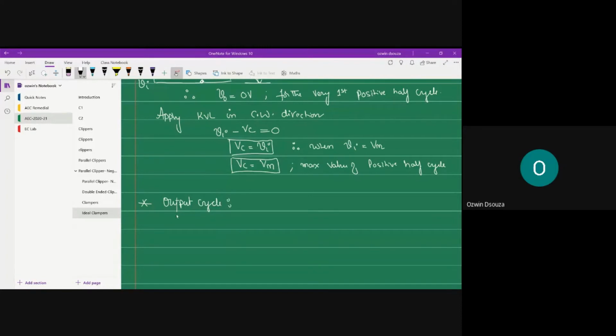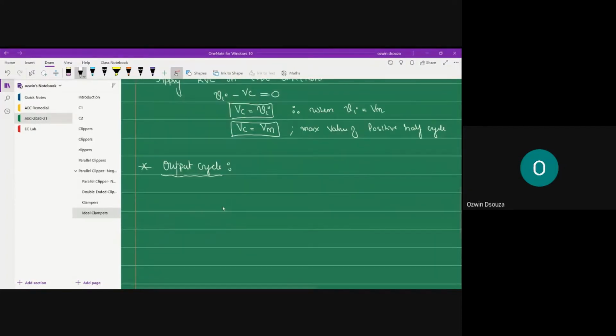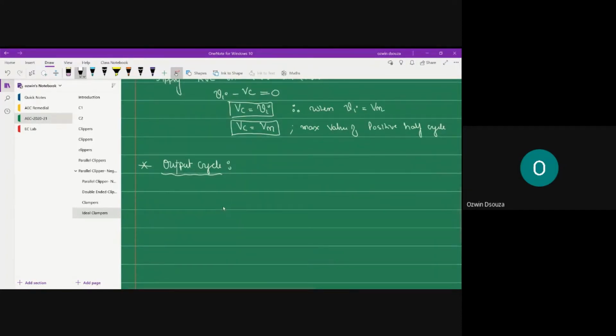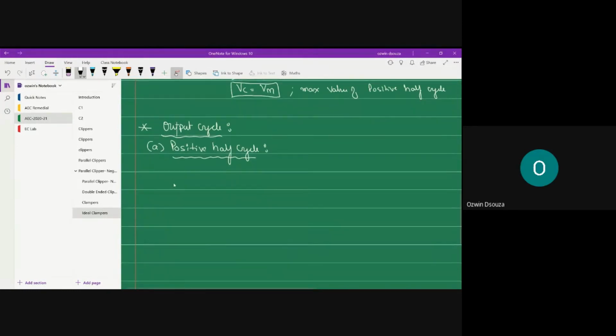Output cycle, that means to say output voltage waveform, can be found for a set of positive half cycle and for a negative half cycle. So first let us consider positive half cycle. All right, let me redraw the circuit. Now here comes the interesting fact.